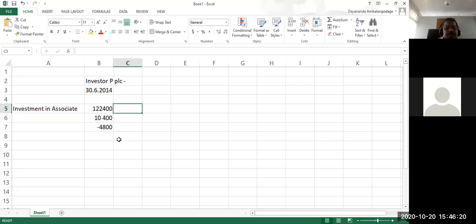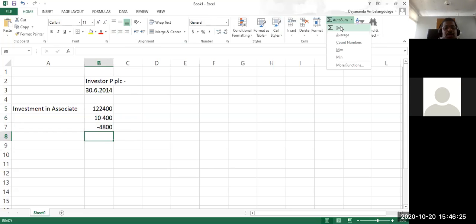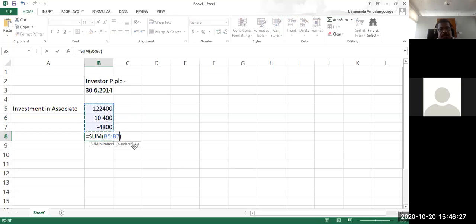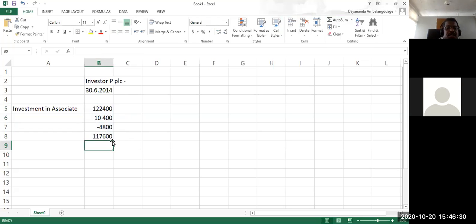So the total value would be how much? Total value would be 117,600. Is it? Cost of investment 122,400, then 10,400 and 4,800. Okay, that is the investment in associate asset.